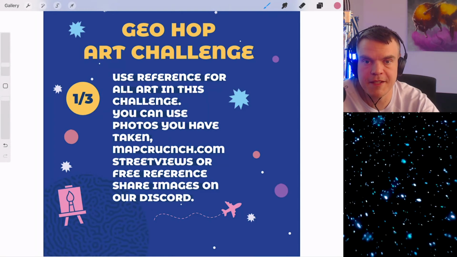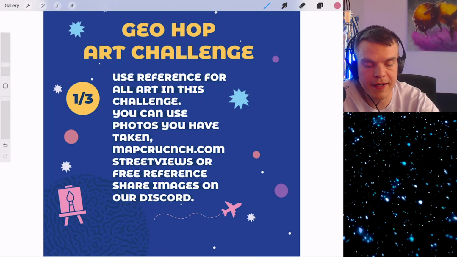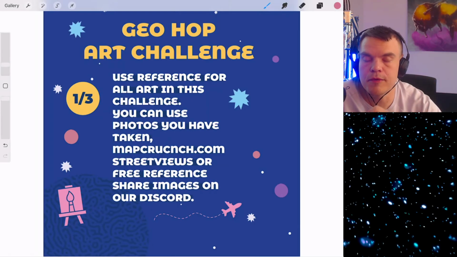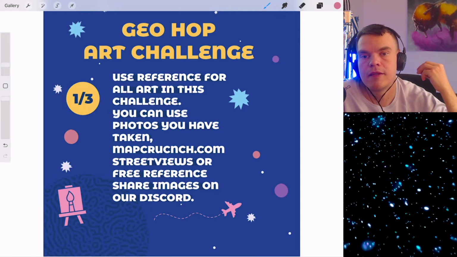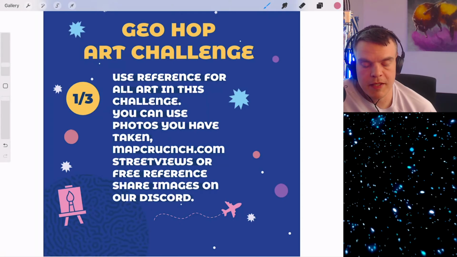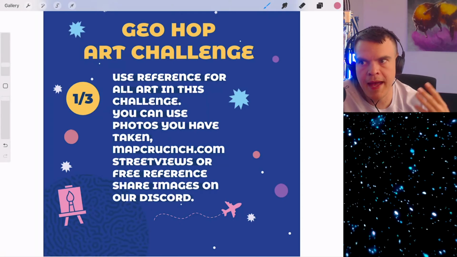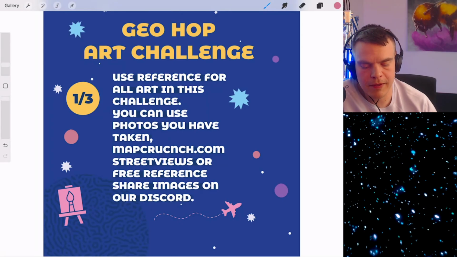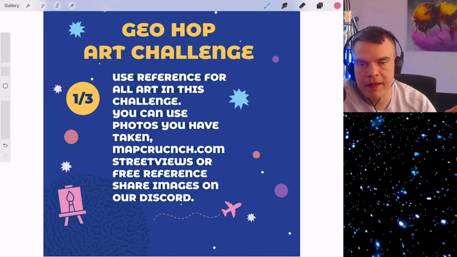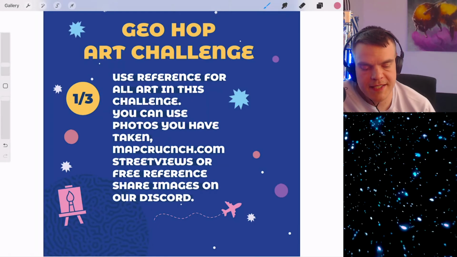I have specifically said in our free reference share channel that if you use any of those images, you are already given consent to use those images for art. Of course, you can't feed them to AI algorithms or anything evil like that, but I want that channel to be as frictionless as possible.